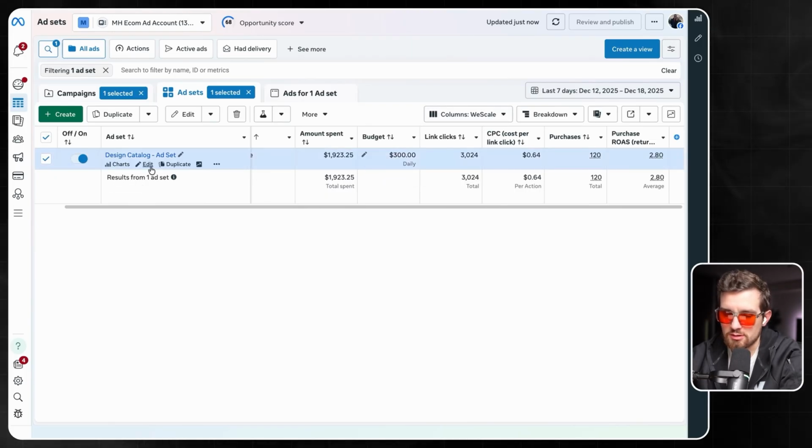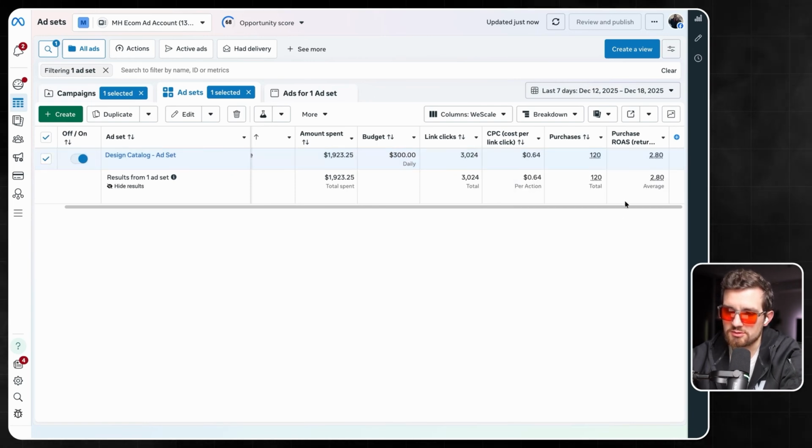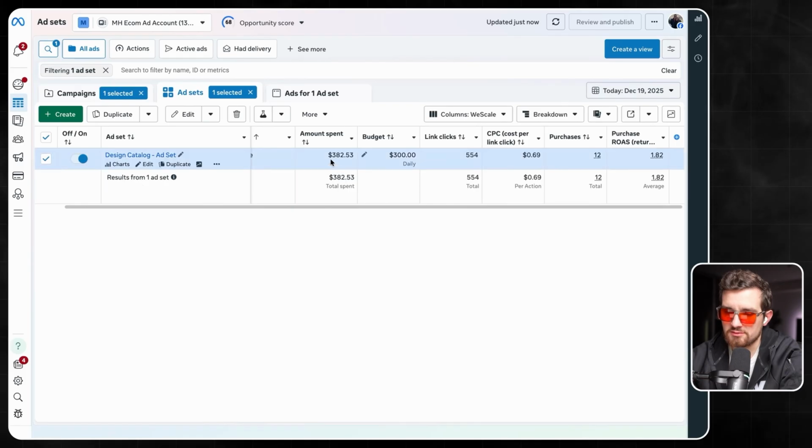So this is our catalog that over the past 7 days has spent $1,900 and 3,000 link clicks, 64 cents cost per click, 120 purchases, and 2.8. So that's a solid amount of data. Even if you're just looking at this much data, meaning like 300 bucks spent, 12 purchases, 1.8.